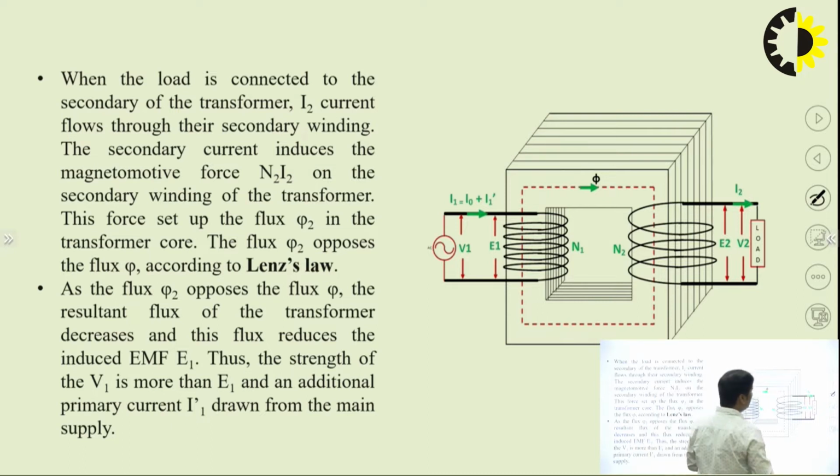When there is a load, the current is going like this.